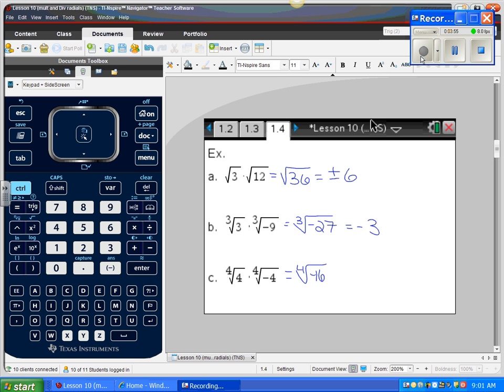Okay? So you can't take an even index and try and find the root for a negative value. Okay? This does not exist. And in a couple of days, we're going to learn how to work with those negative square roots, 4th roots, 6th roots. Okay? But we'll leave that for a couple days from now.